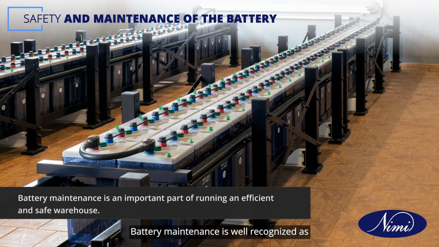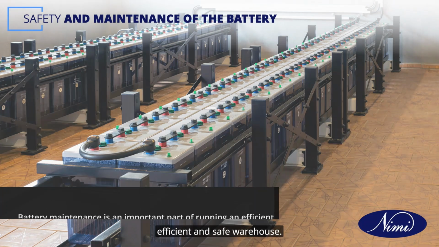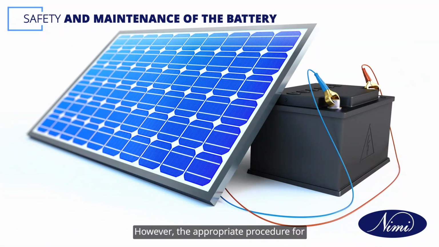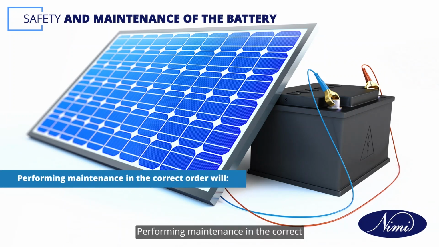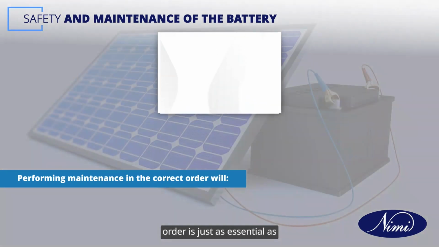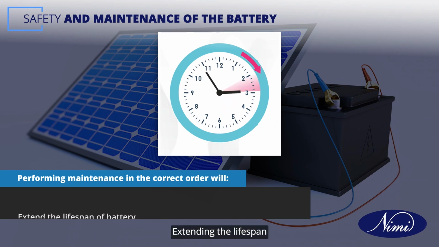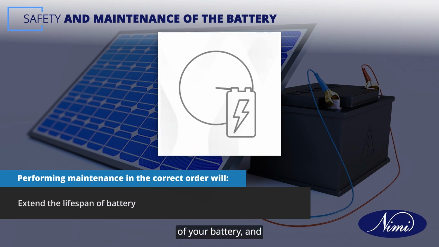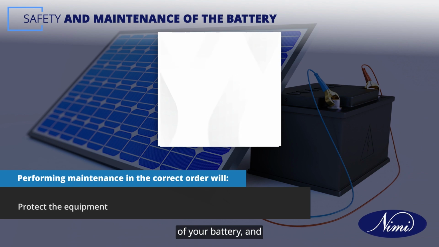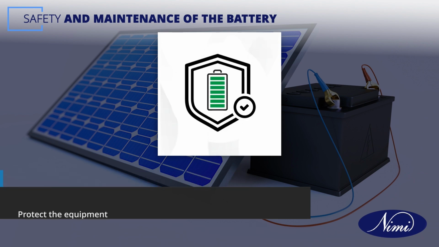Battery maintenance is well recognized as an important part of running an efficient and safe warehouse. However, the appropriate procedure for battery maintenance is often overlooked. Performing maintenance in the correct order is just as essential as the maintenance steps when it comes to saving time, extending the lifespan of your battery, and protecting your equipment.